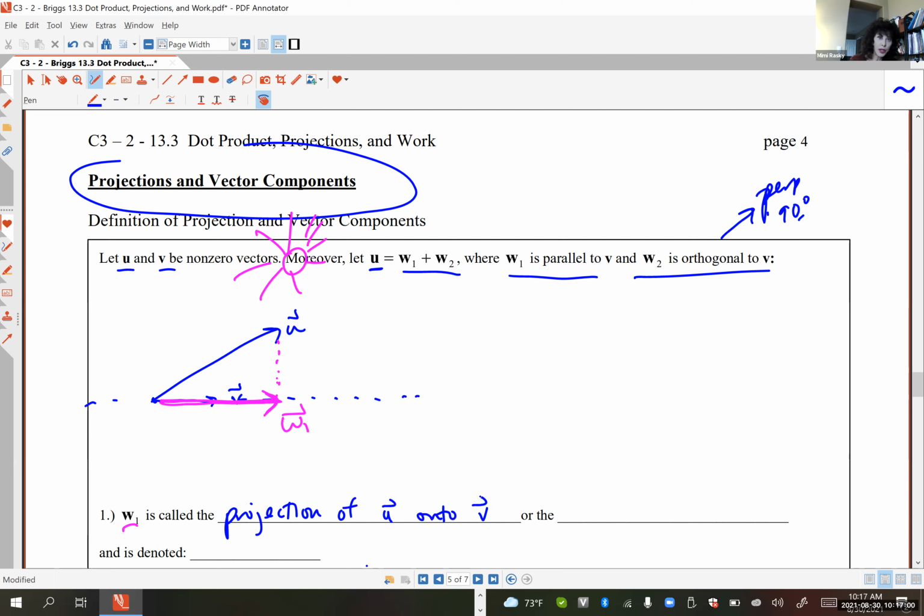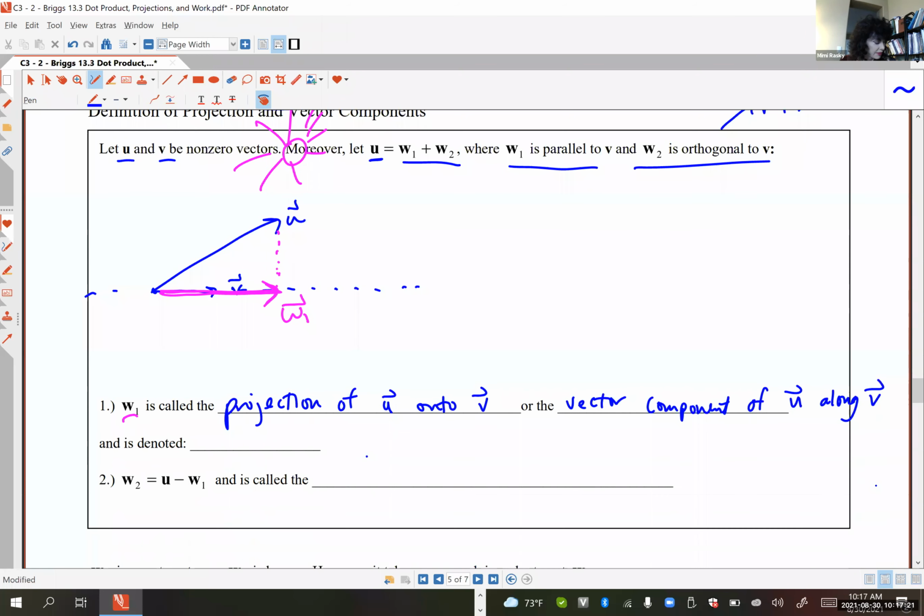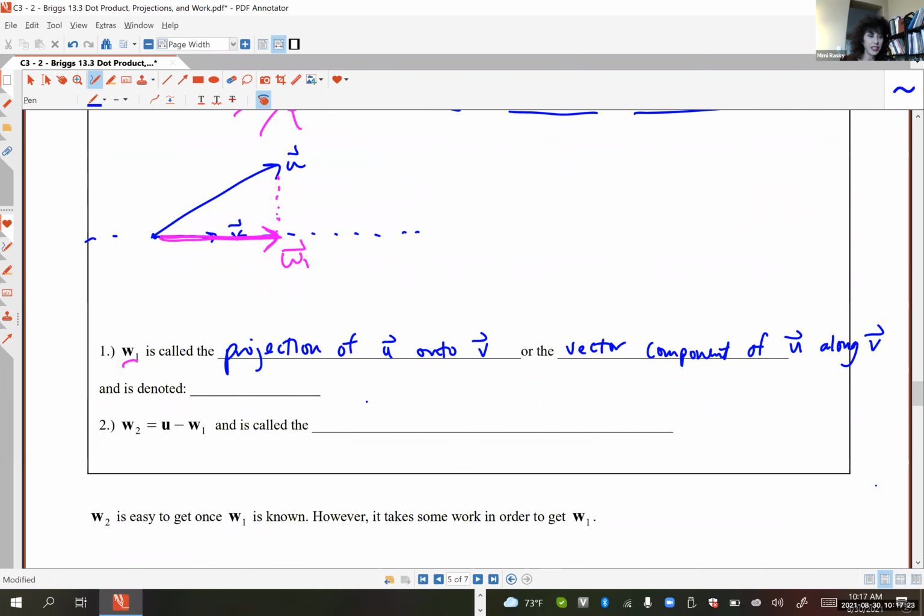It's also known as something else in other textbooks, and you want to be clear if you're reading some directions. It's known as the vector component of U along V. Sometimes they call it that, but it's a projection. Now, the notation is a little bit odd.